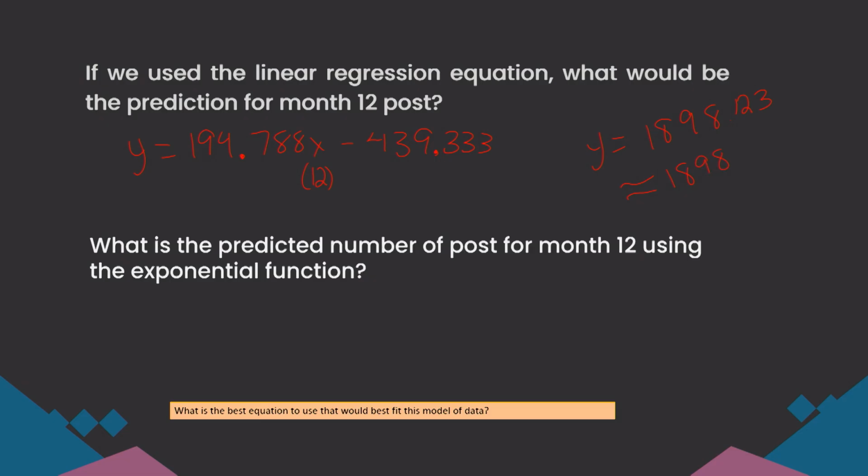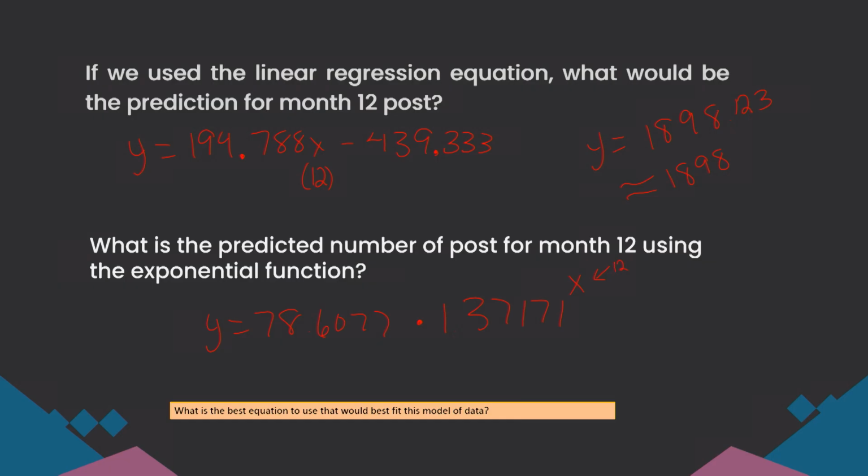All right, so now it says what is the prediction number for 12 using our exponential. If we go back and look at what information we got about our exponential function, we had y equals 78.6077 times 1.37171 to the x. So now I'm going to make this 12 and plug this into my calculator.